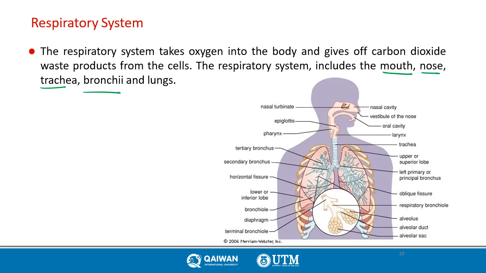The lungs contain the alveolar duct and alveolar sac, where the gas transfer takes place. So the blood vessels will give CO2 and will take O2, and the oxygen will be distributed all over the body to the cells.